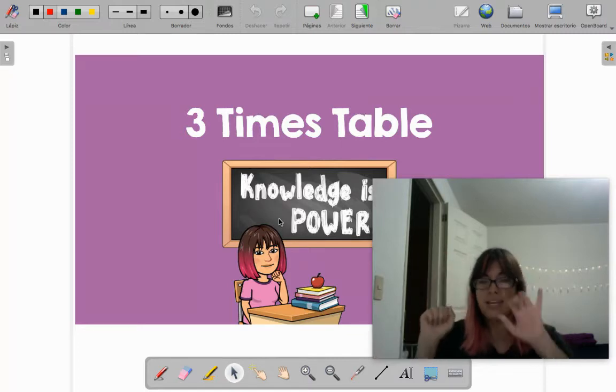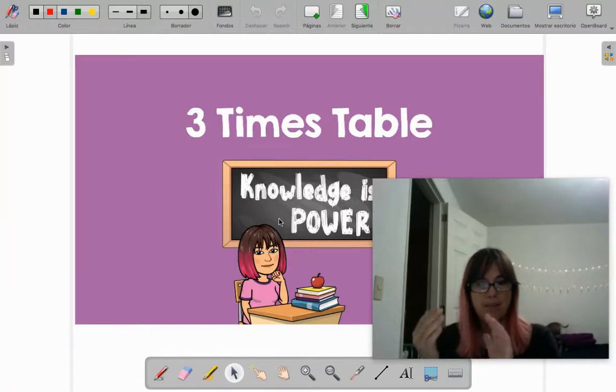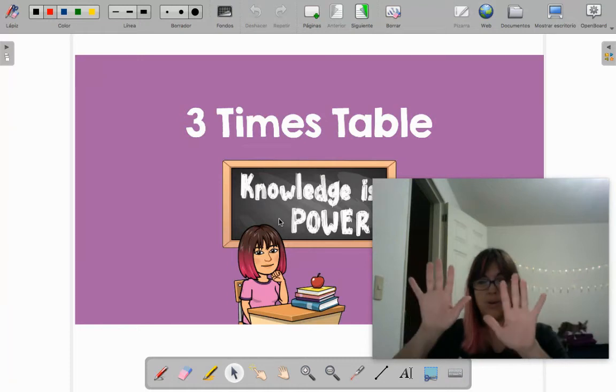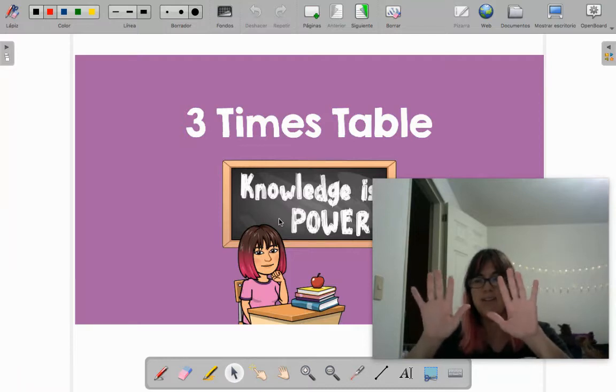So each finger is going to be a number. Now here, I might get confused because in the video camera, I am turned around, okay? Even when I play with my hands, I don't know how exactly to align them, but there it is.